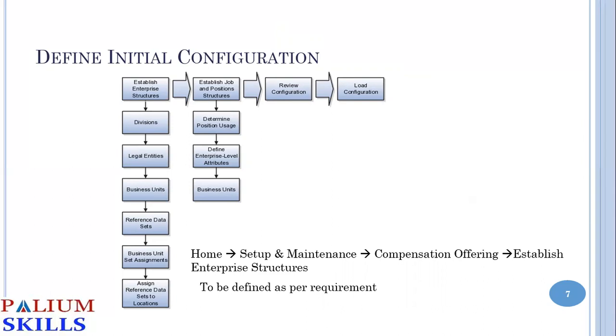Along with that, if you need additional information on job and position, you can run that configuration from here. In Oracle HCM, they have given you two options of defining job and positions. There's a lot of confusion about what is job, what is position, and whether we need both or can use one.